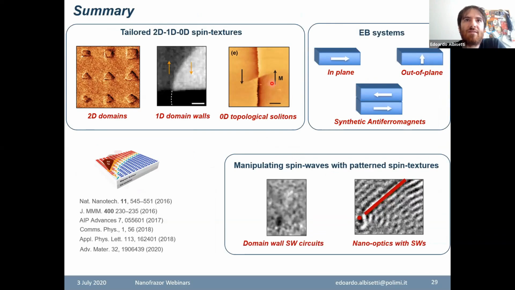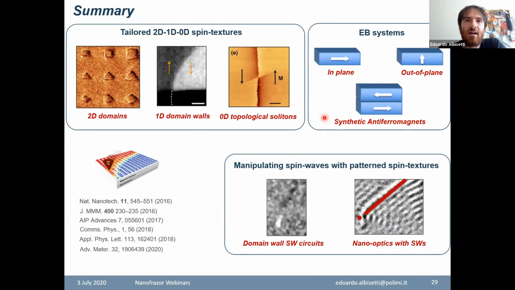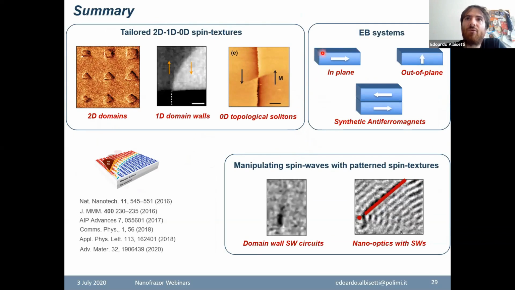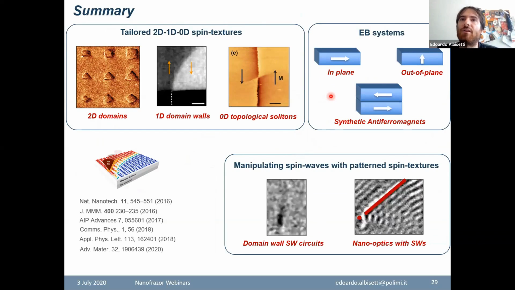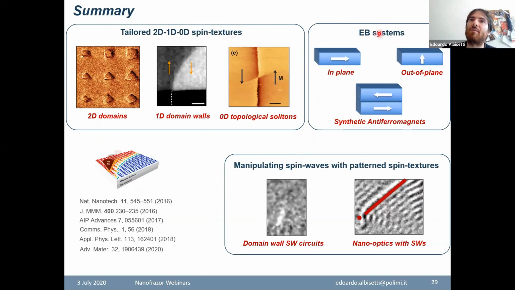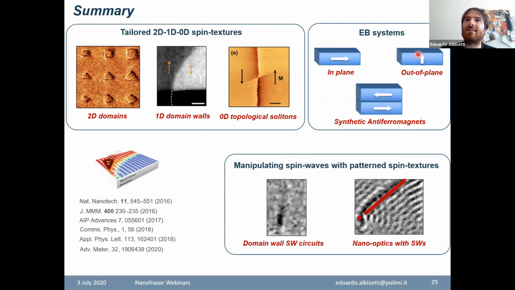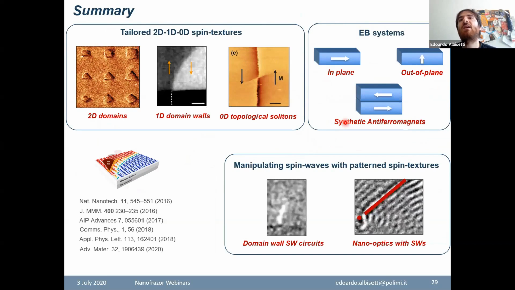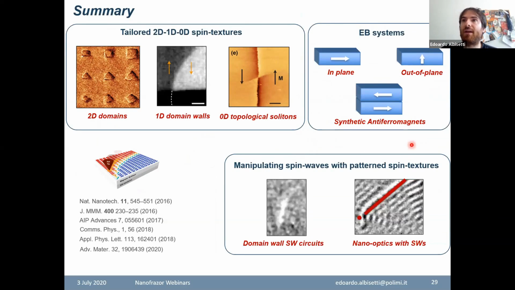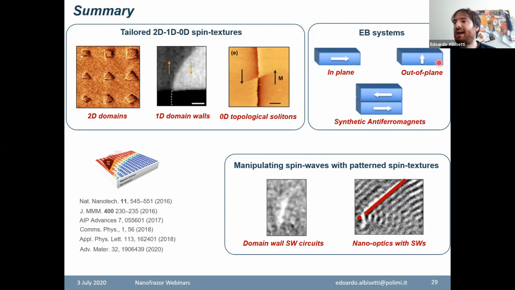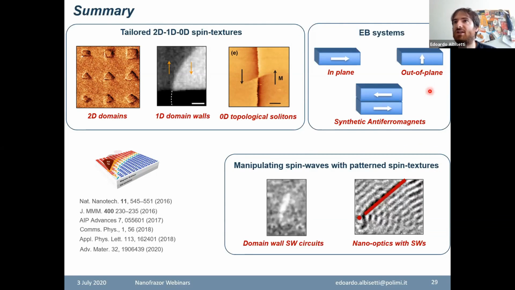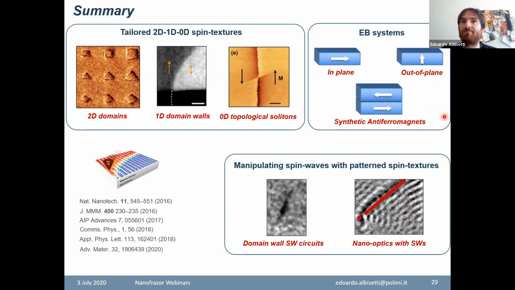So I showed you that we can, in a wide range of systems, control the spin texture via thermally assisted magnetic scanning probe lithography. In particular, I showed you in-plane systems, out-of-plane systems, and synthetic antiferromagnets. Each one of these systems has particular applications and particular peculiarities that you can exploit by using spin textures as active components for manipulating quasi-particles such as fermions or spin waves.